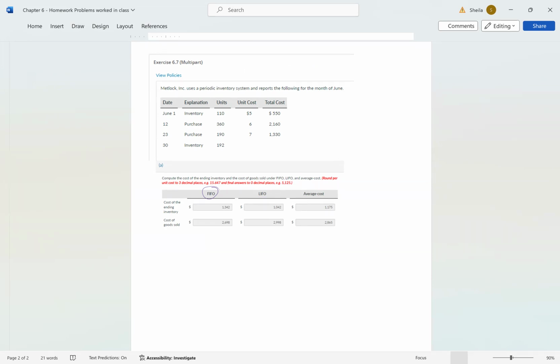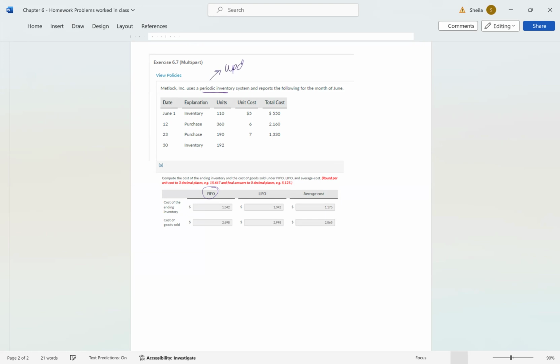So what I want you to keep in mind is a couple of things. One, this problem indicates we use periodic inventory. Even if we use perpetual inventory, the process would still be the same. The fact that we're using periodic just means that we're going to update it one time at the end of the accounting period.